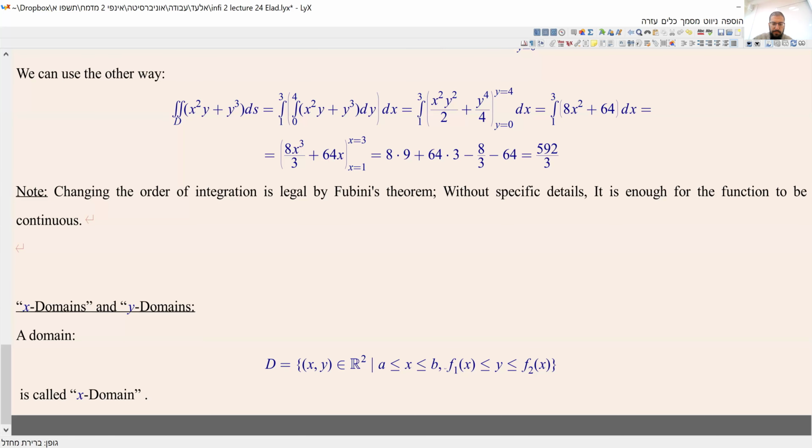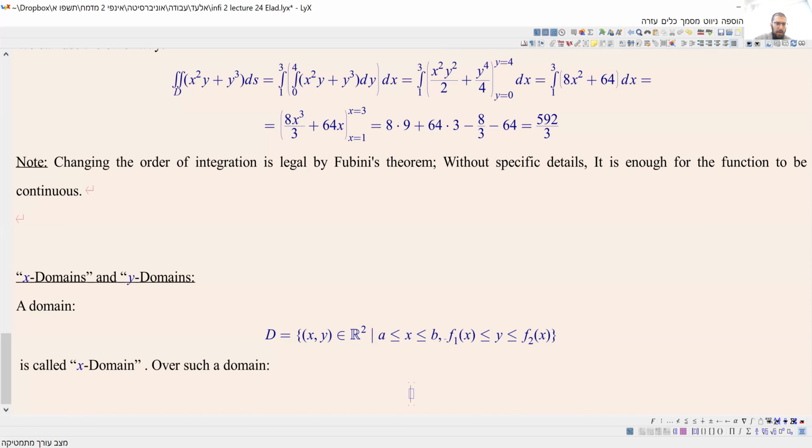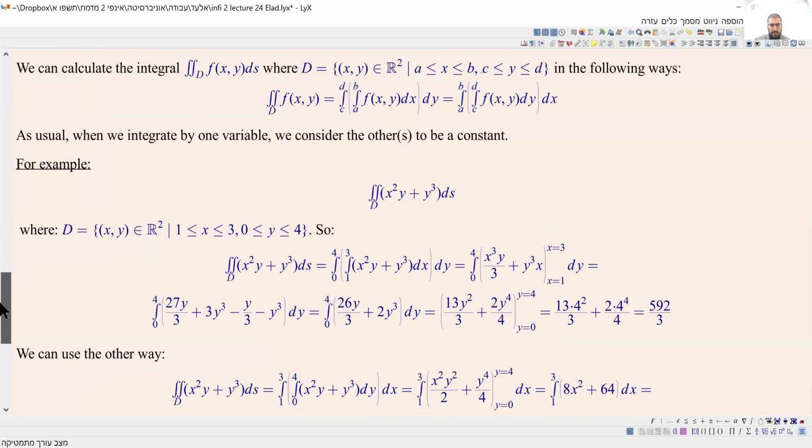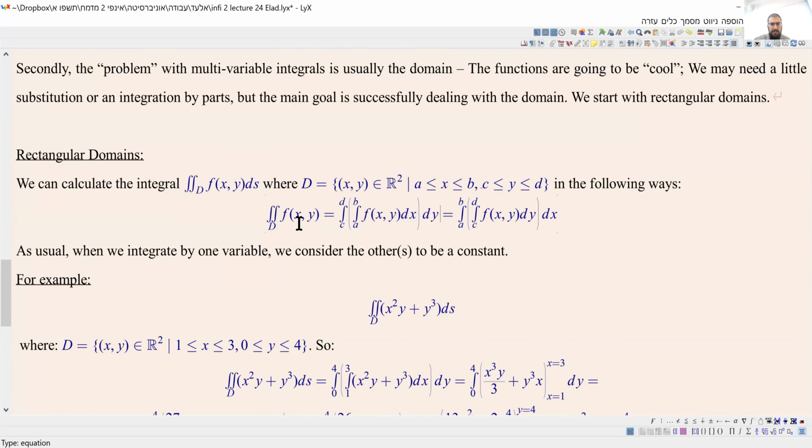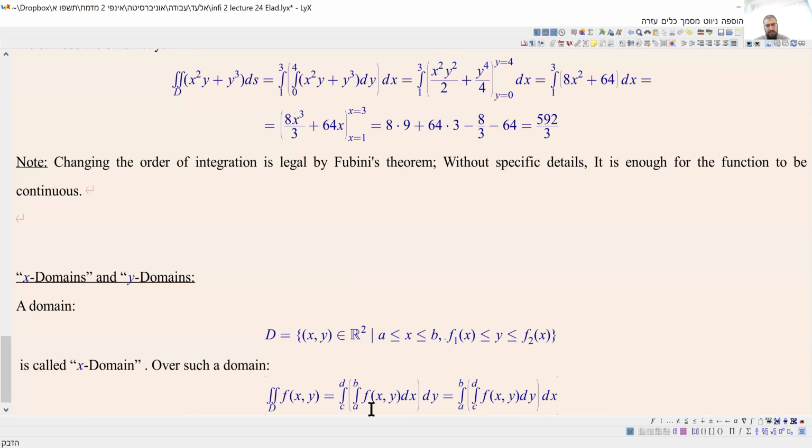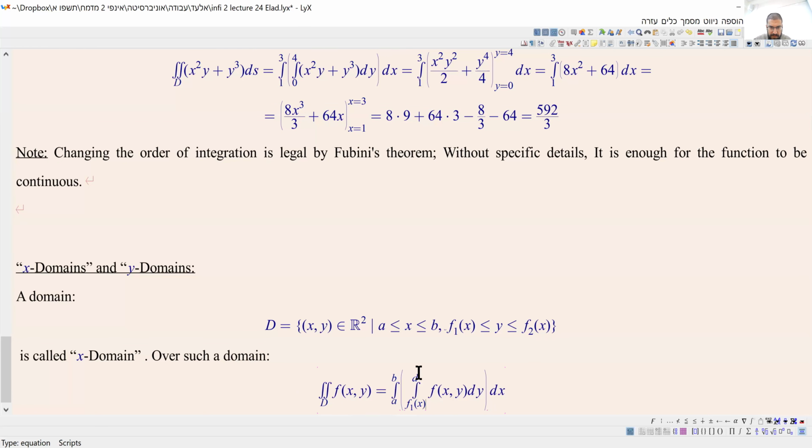Over an X domain, the only way to calculate the integral of f is starting with y, putting the boundaries as functions of x, and whatever we achieve, we then calculate the integral by x.